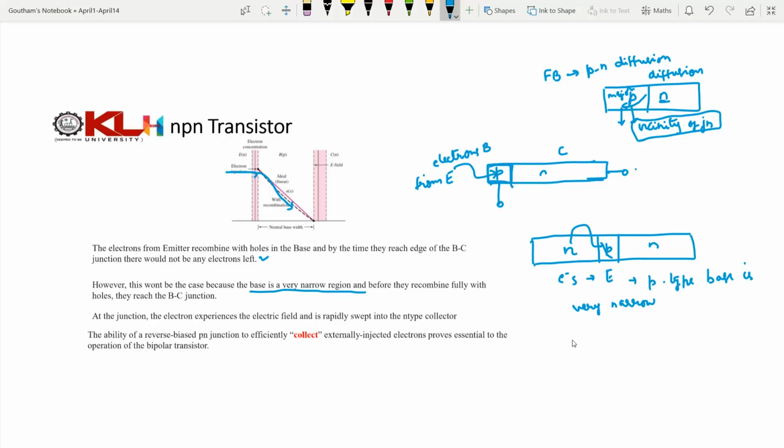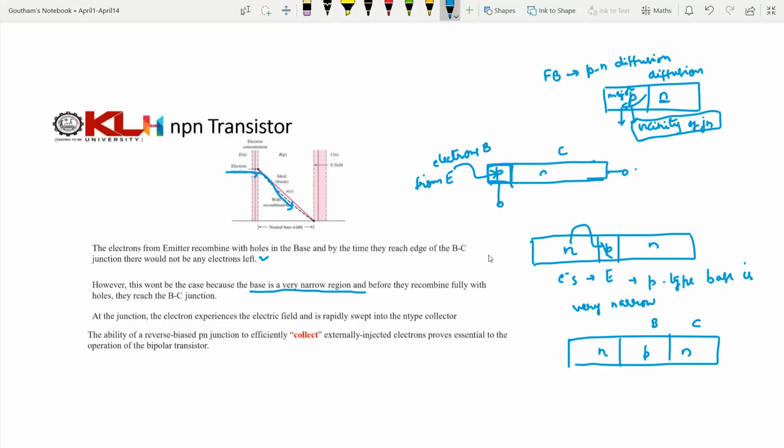At the second junction, which is the base-collector junction in an NPN transistor, remember the base has to be very thin. The base-collector junction is of course reverse biased.